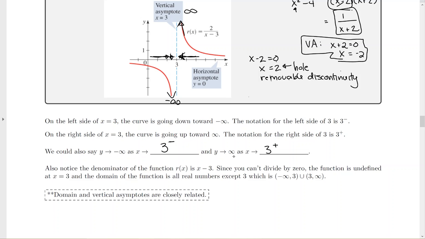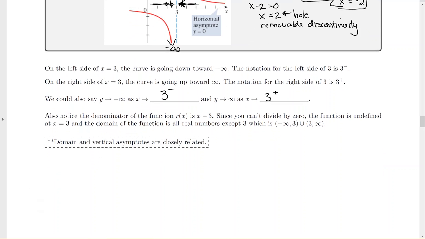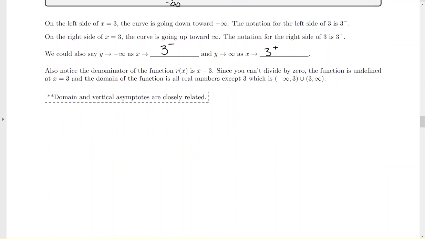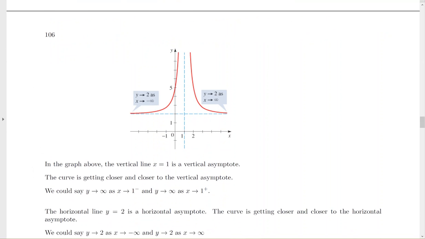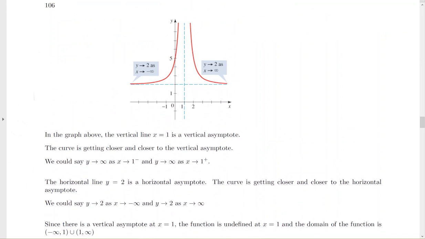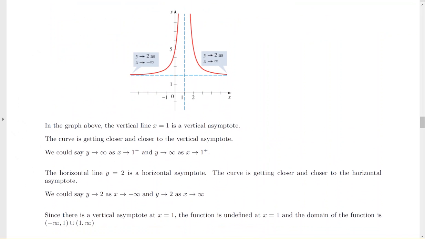And your y is blowing up to positive infinity as your x approaches 3 from the right. The domain and vertical asymptotes are closely related, and we saw that in some of our examples on the next page here. This was the part that the instructor went over in class with you.